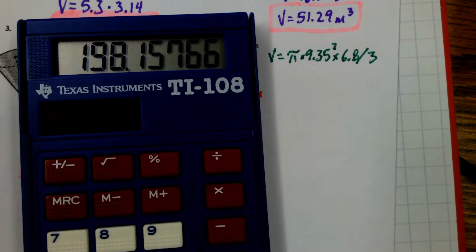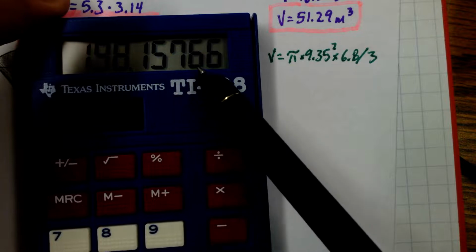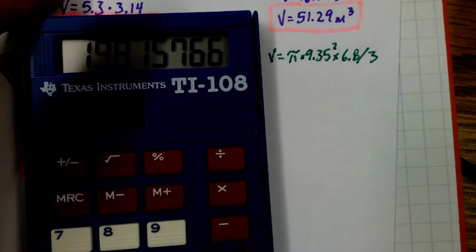And I got 198.1576 repeating, basically. So I'm going to include all those digits. Basically, it's 6 repeating after that. So this is how I'm going to write it. It's 1576 repeating. It's going to be 6s repeating after that.